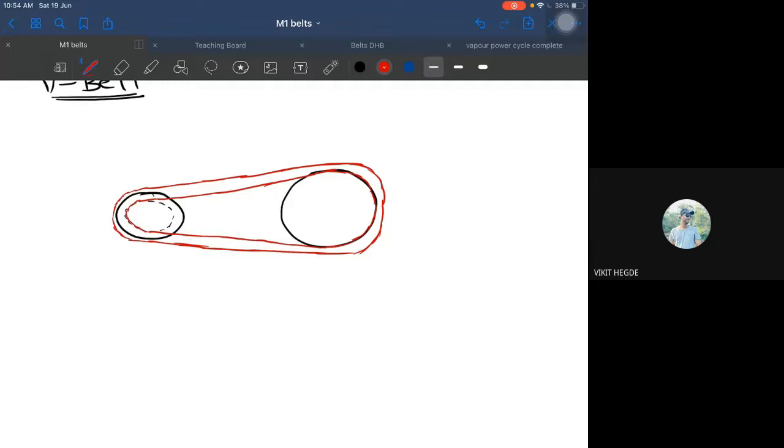Understood? Hope you got the imagination. I have tried my max to draw it properly. And the cross section of this is a V belt. Hope you got it.